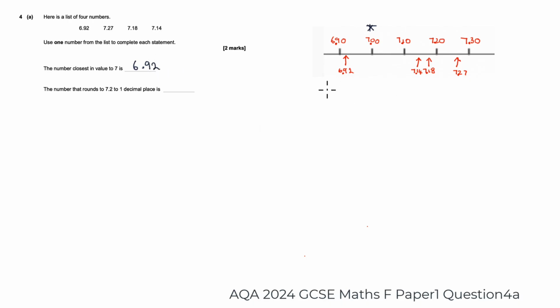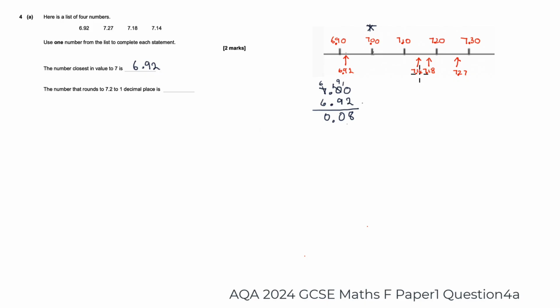Another way of doing that working would be to say, there's 7. Can we take 6.92 away from that? And yes, we can. So there's 2 from 10 is 8, 9 from 9 is 0, 6 from 6 is 0. So what does that mean? It means it's 0.08 away from 7.